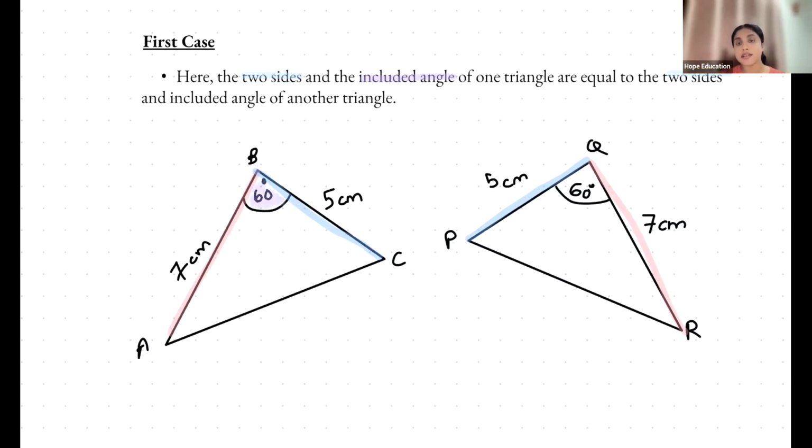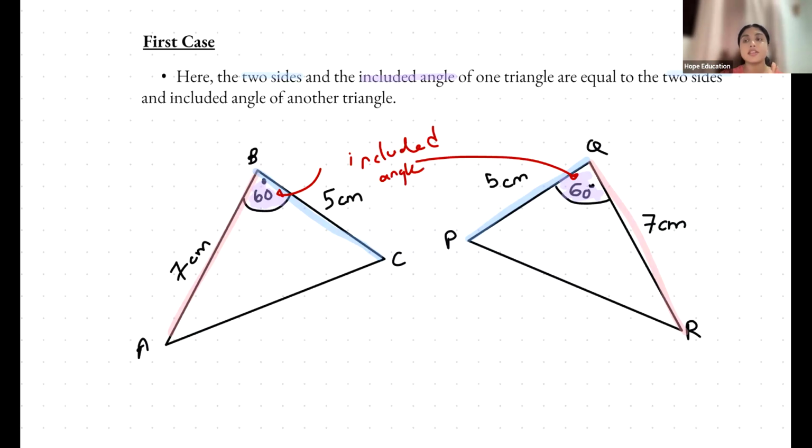Then here QR is 7 centimeters, PQ is 5 centimeters. These are the two sides we are considering, and the angle between them is 60 degrees. That angle is what we call the included angle. The angle between the two sides that we are considering, that is what we call the included angle.